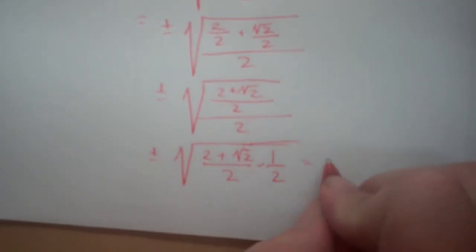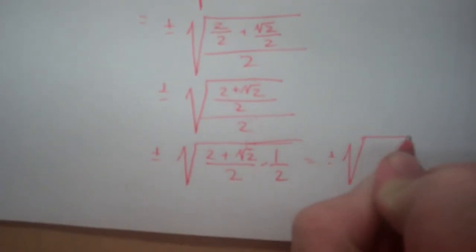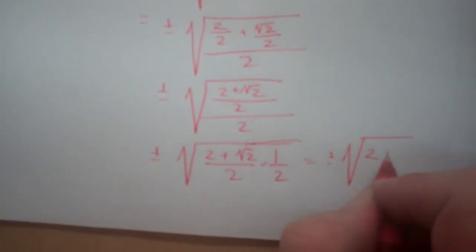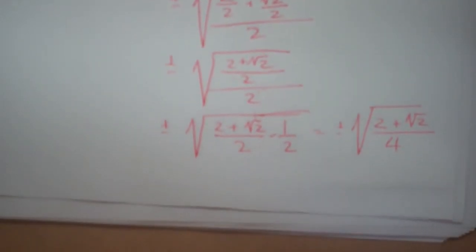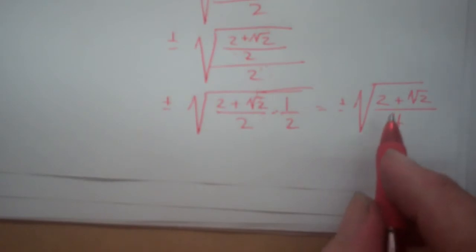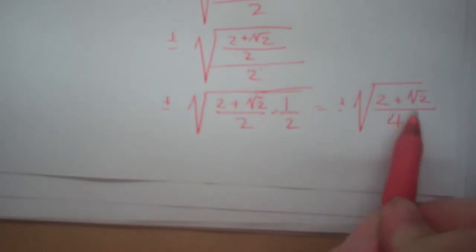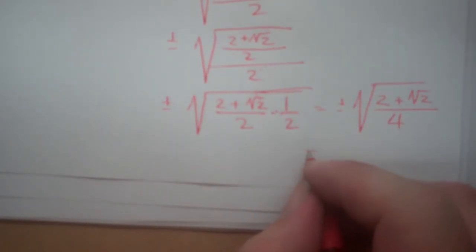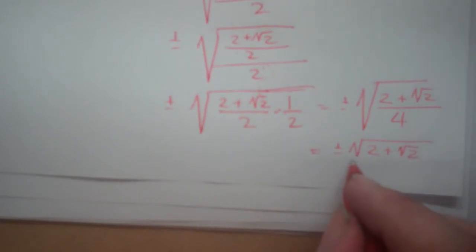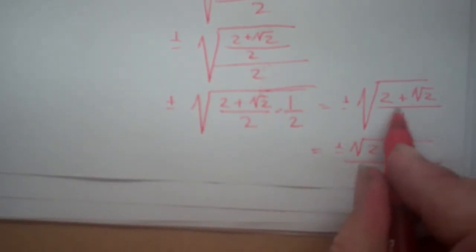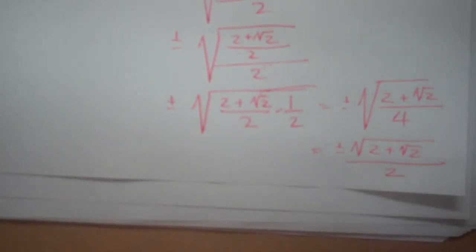So this becomes plus or minus the square root of 2 plus radical 2 over 4, right? And now we can take the radical of the top and the radical of the bottom, so we end up with plus or minus the square root of 2 plus radical 2, and then this whole thing divided by radical 4, which is just a 2.